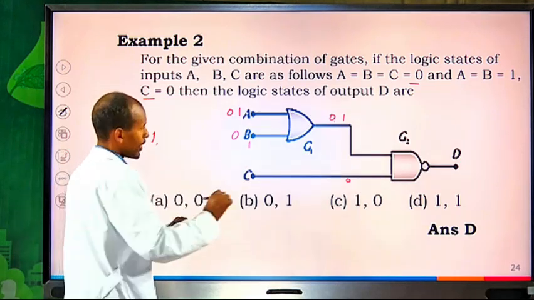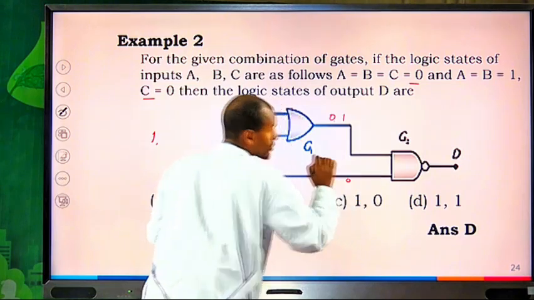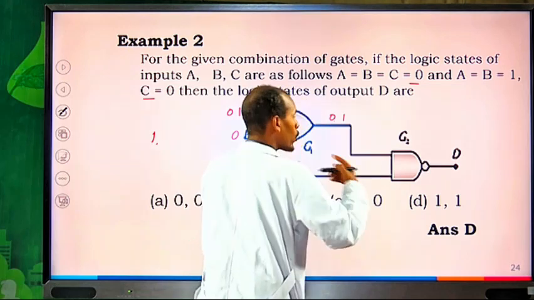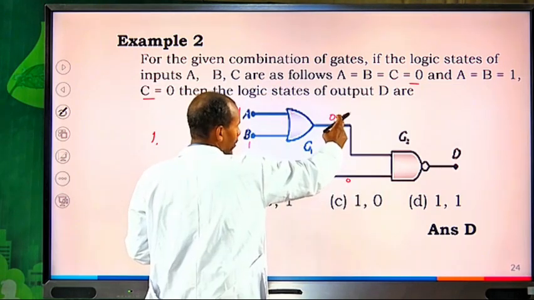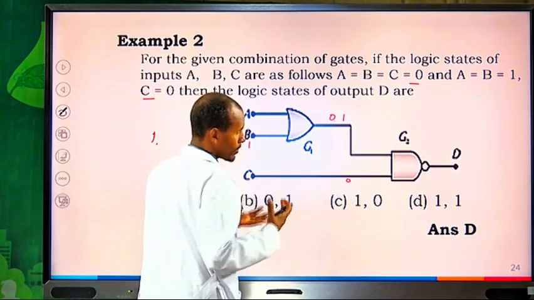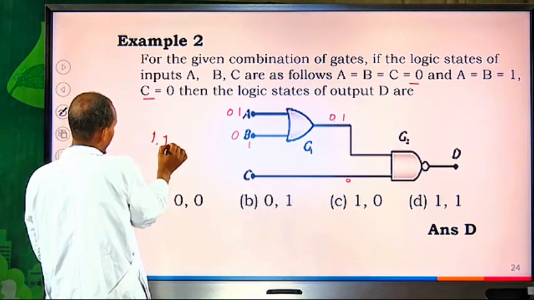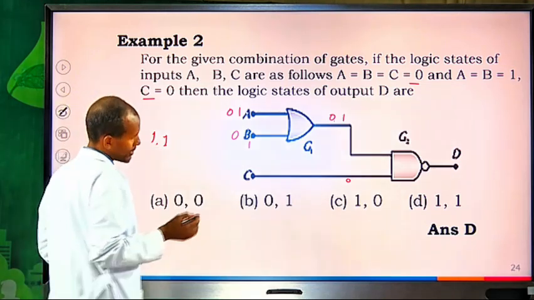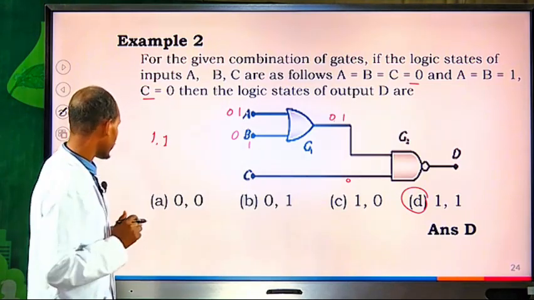And C is again 0, 1 AND 0 is 0. Since this is a NAND gate, NOT 0 is 1. Then for both cases, we have got 1, 1. Then the answer to this question is D. The correct answer is D.